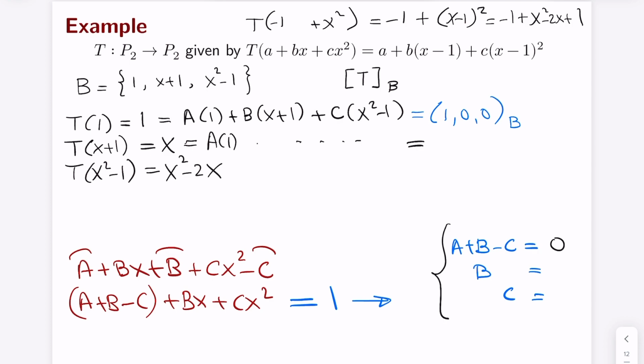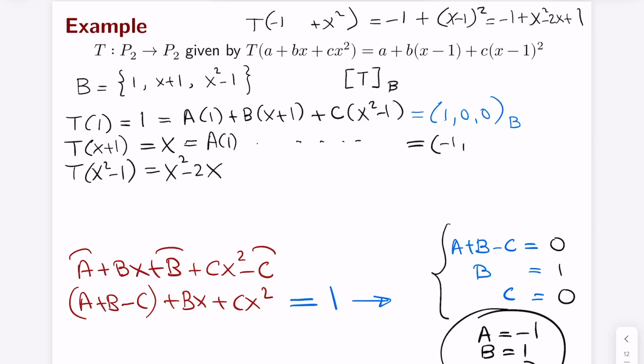So this should be 0, this should be 1, and this should be 0. Solving this system of equations, we get that a is equal to minus 1, b equals 1, and c equals 0. So these are the components of this vector, the vector x in the base B.